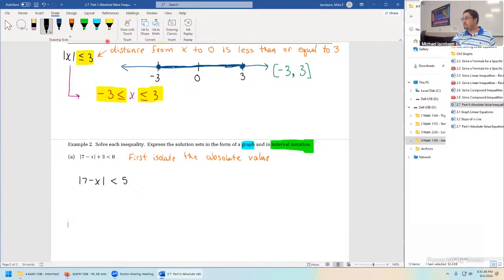Observe that if it's a less than 5, then we get the following. First thing we do is write, without the absolute value bar, 7 minus x. Oh, let me put that in the middle. 7 minus x.